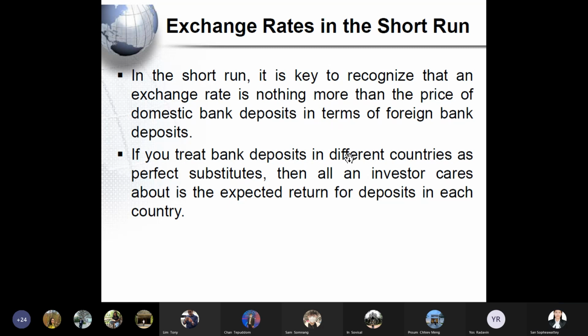So if you put money in Cambodia and you put money in Thailand, for example, and you consider both of them perfect substitutes, then what we care about is only the expected return for the deposits in each country in the short run.